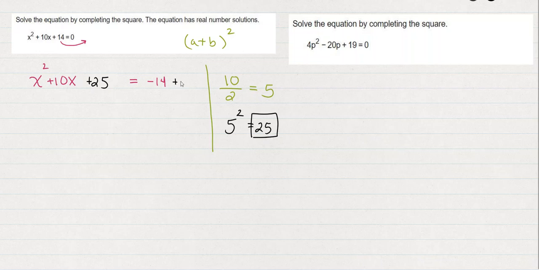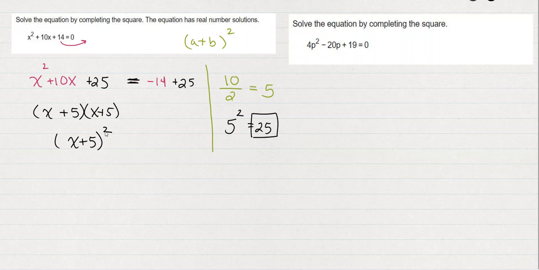And if I do that to one side, in order to keep it an equivalent equation, I have to add the 25 to the other side also. And now when I factor this x squared plus 10x plus 25, I'm going to get (x + 5) times (x + 5), or in other words, (x + 5) quantity squared.